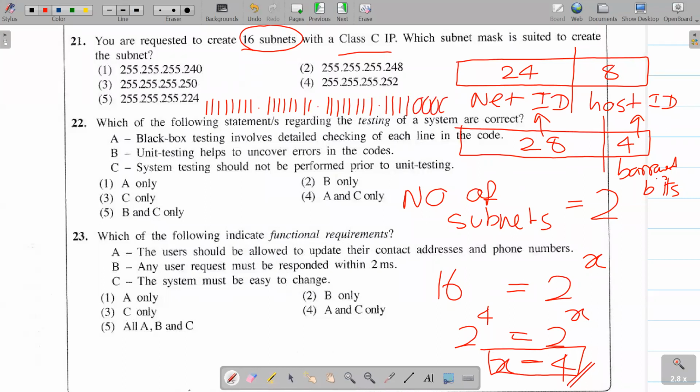The rest are zeros. So this gives you 255, 255, 255, and 240. So the correct answer is going to be the first one. That is how you determine the subnet mask.